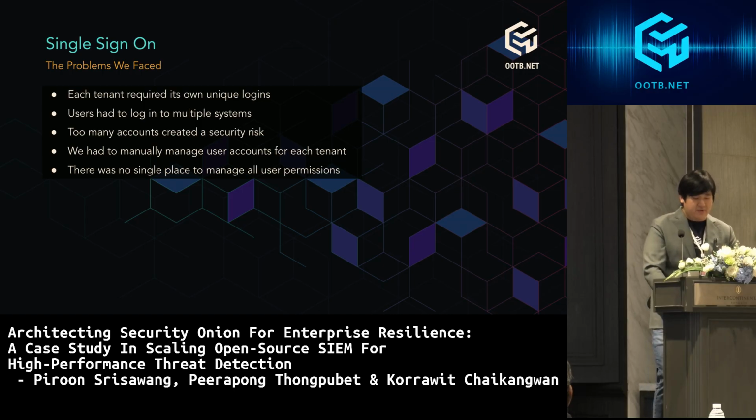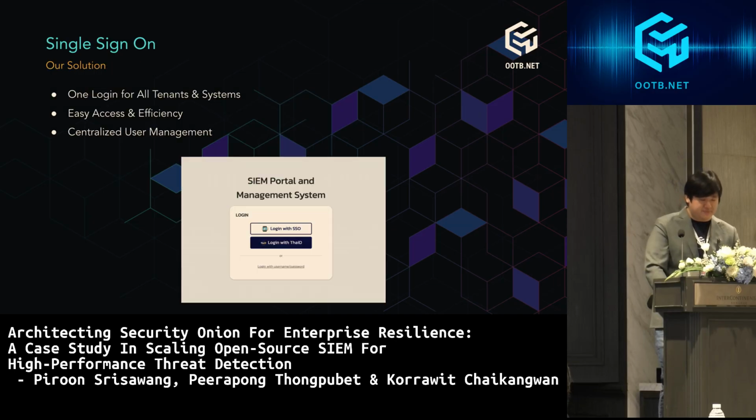And finally, there was no single place to manage user roles or permissions. If someone's role changed, admins had to shut it down system by system, which left gaps and blind spots. In short, without a centralized way of handling authentication and permissions, we were dealing with a fragmented, less secure, and harder to manage environment.